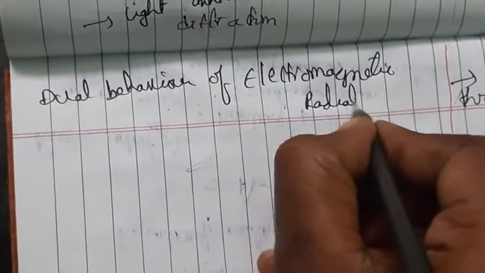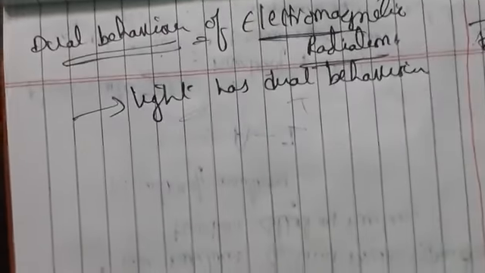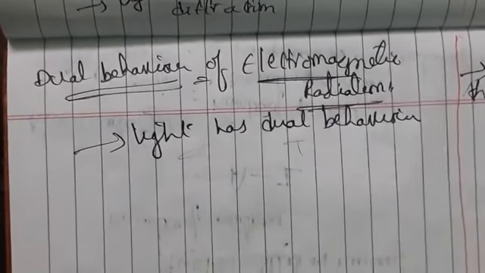So we were in a dilemma whether light has particle or wave nature. The way to resolve it is that light has dual behavior, meaning it can exhibit both wave nature and particle nature.